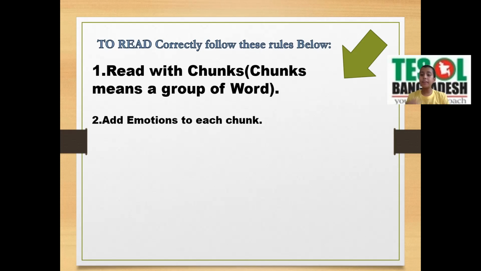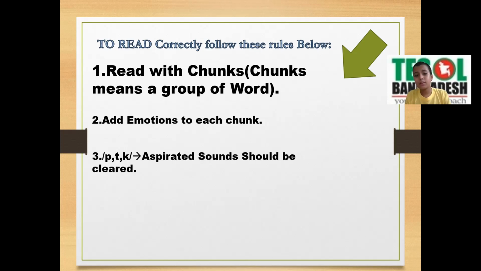Whatever is said and meant by the sentence, you should use the emotion that is necessary for that sentence's meaning. If you use emotions, then the reading will beautify, and you can beautify your reading style. If we don't develop our reading style, then it seems very bad while reading. So we should practice these two tips.